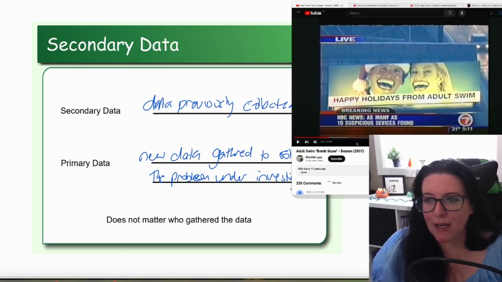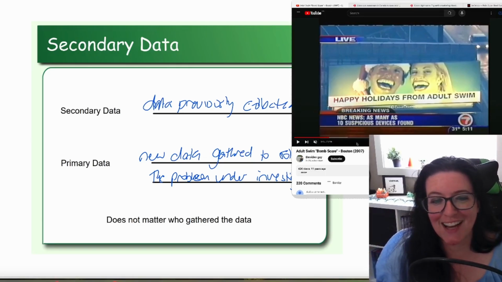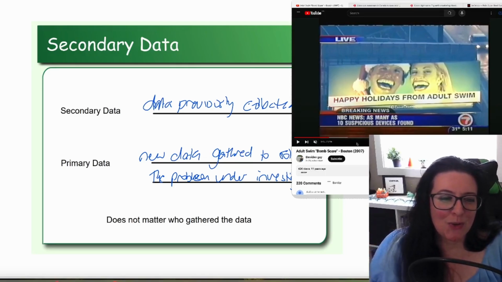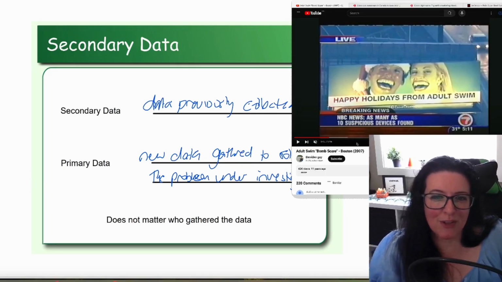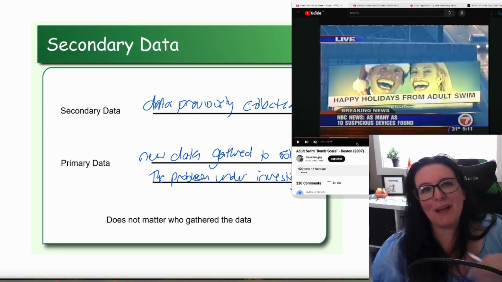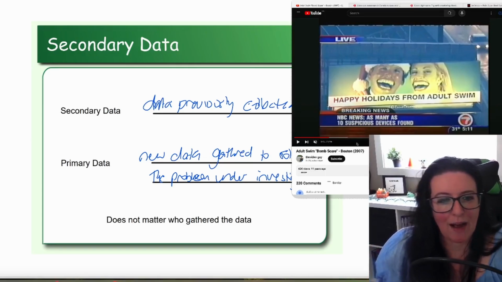So guerrilla marketing is where you don't pay for advertising. You do something that puts you in front of the news. And so others are basically advertising on your behalf.